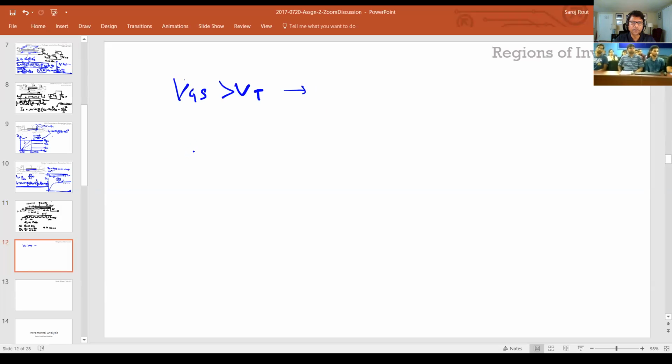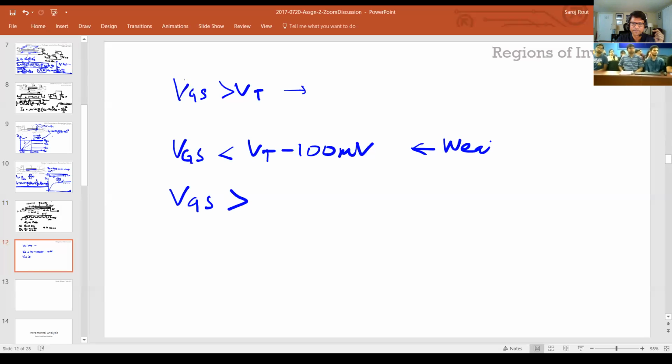So usually when we say subthreshold, that means our VGS is typically in the order of 100 millivolts lower than VT, but it's a little bit more complicated, and you can go into the device physics for this. And this is usually called the weak inversion, because the channel hasn't completely inverted. It is weak inversion, and this is where we operate the subthreshold.